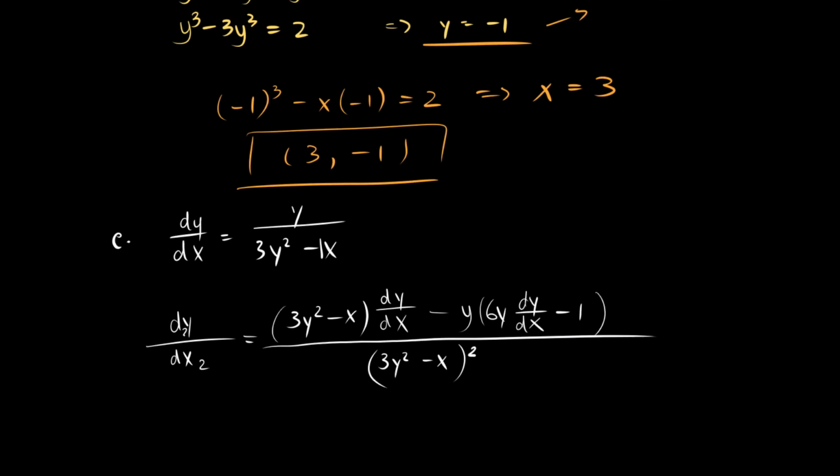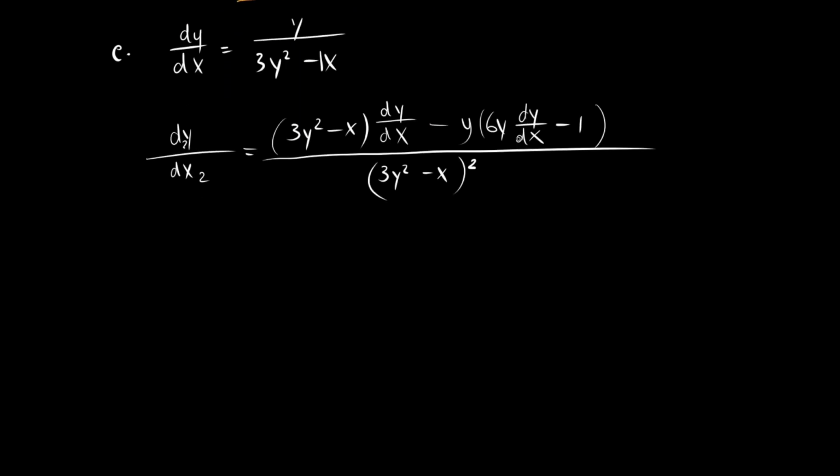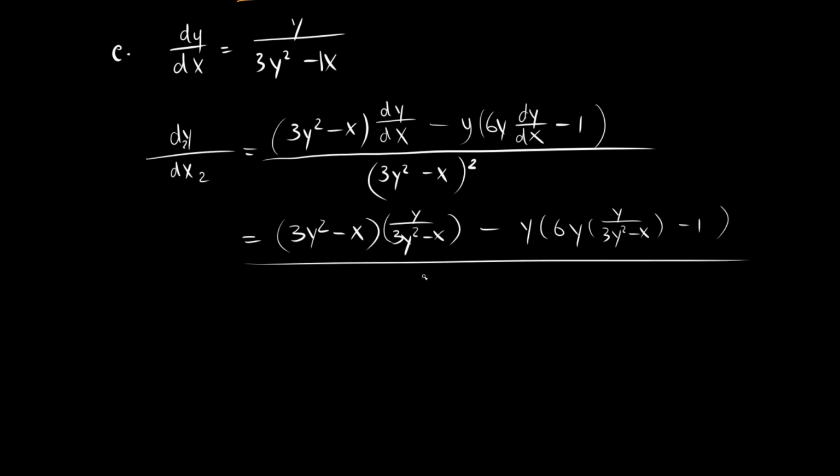We can simplify the dy's that we have inside the equation by plugging in our original condition that dy over dx is equal to y divided by 3y squared minus x. So we can rewrite this as 3y squared minus x times y over 3y squared minus x minus y times 6y times y over 3y squared minus x minus 1 over 3y squared minus x squared.